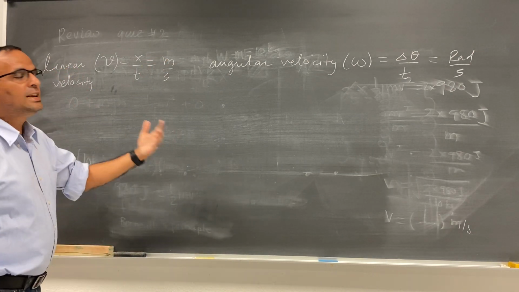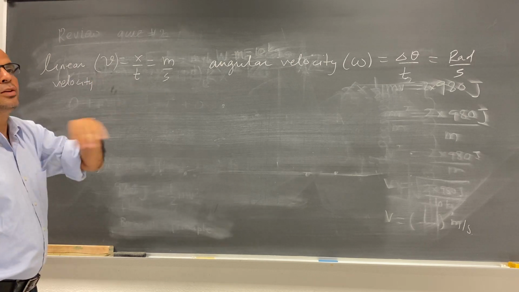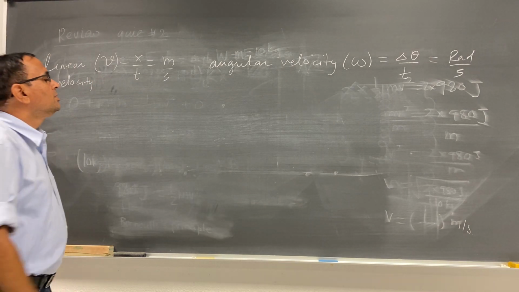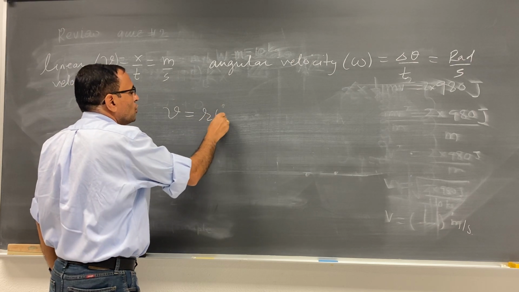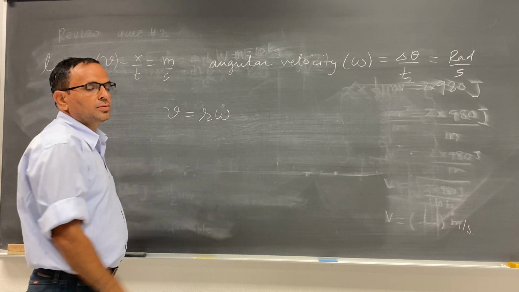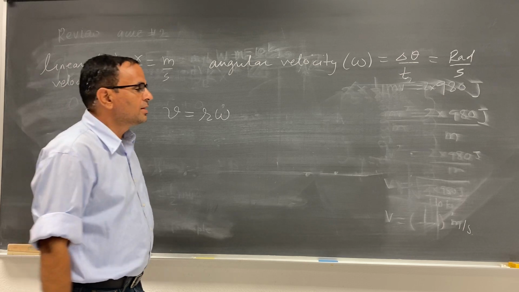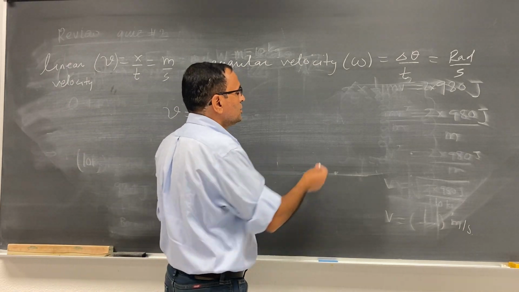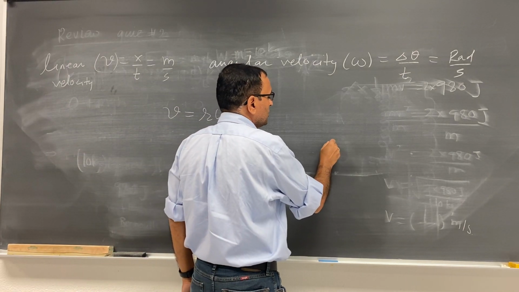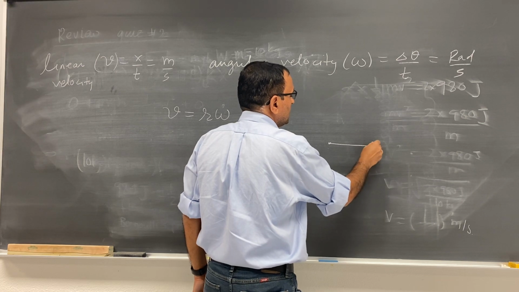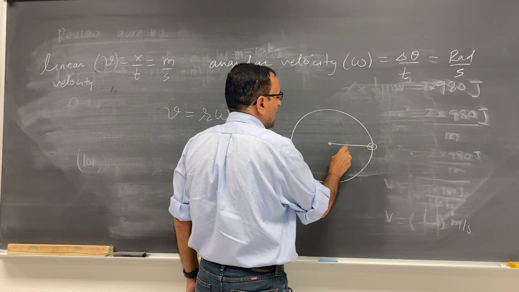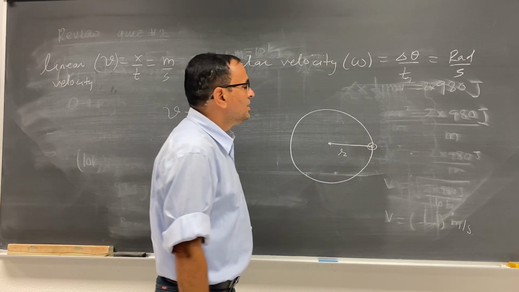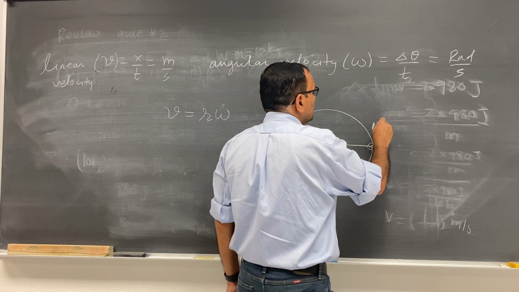There is a relationship between linear velocity and angular velocity: linear velocity is r times omega, where r is the radius of the circular path. Let us suppose something is rotating in a circular path like this. This is the radius r, and here you have a linear velocity v.